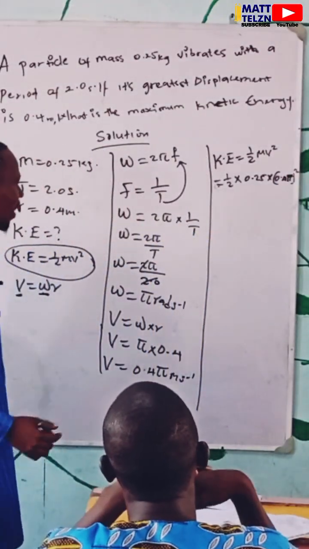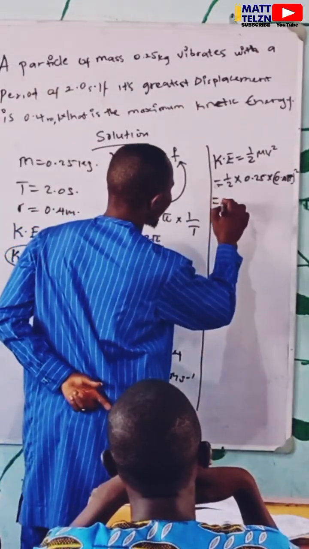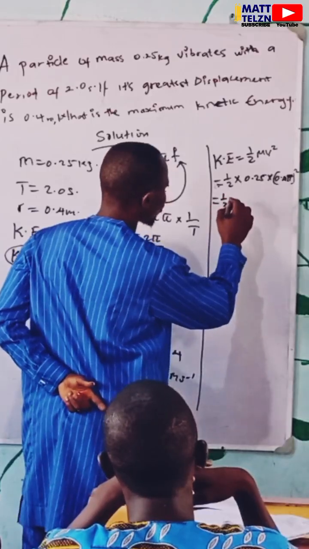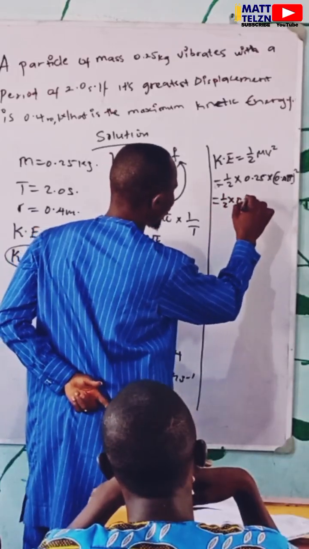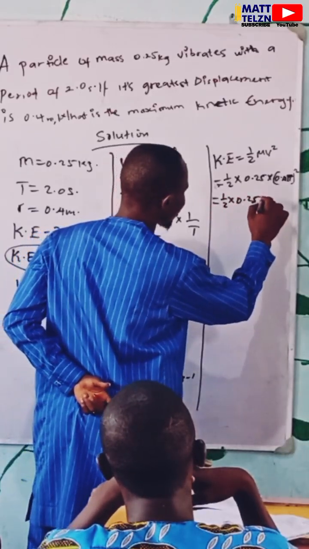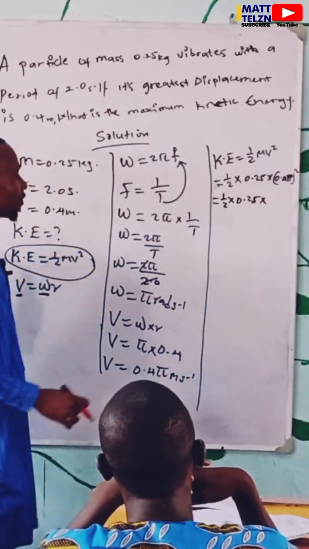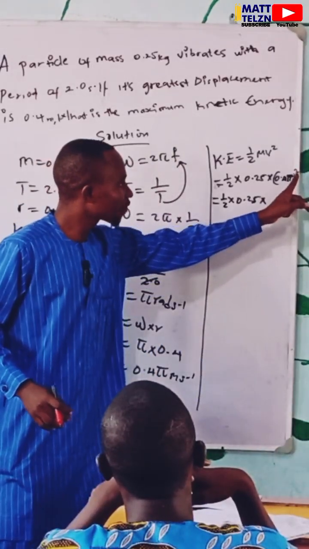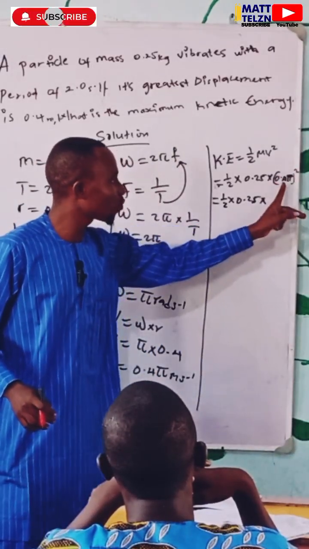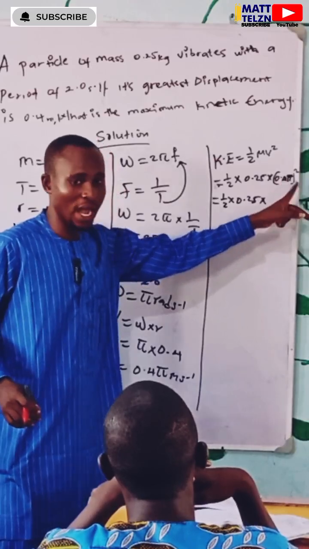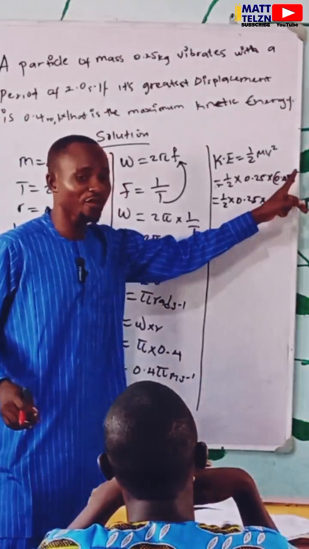Now we are going to simplify. I have 1 over 2 times 0.25, times, if I open this bracket, the square of 0.4 and the square of pi.